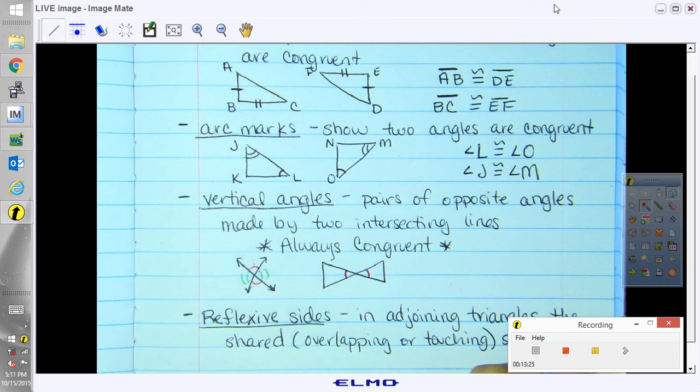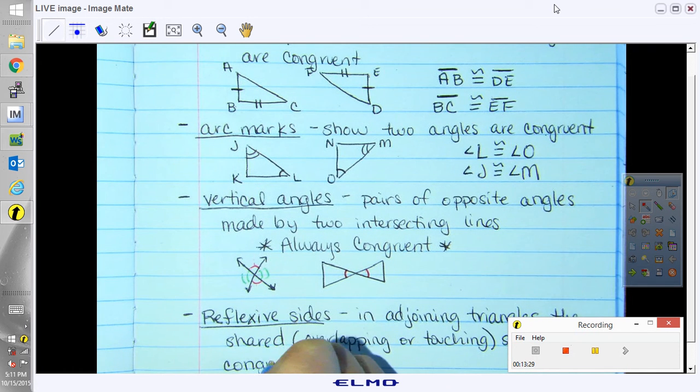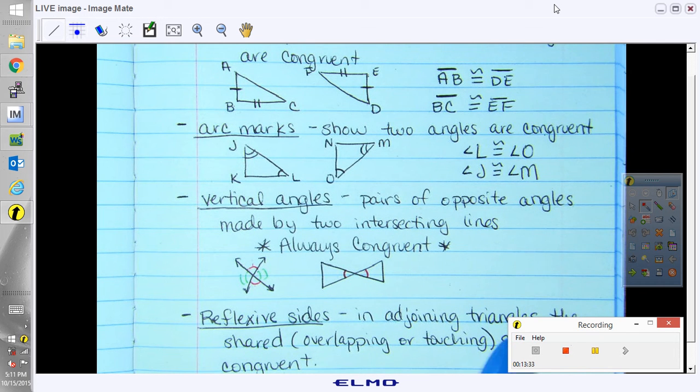And these are congruent. That probably sounds funny, but what you need to think is in 2 triangles that are touching, it's the shared or overlapping sides that are congruent.